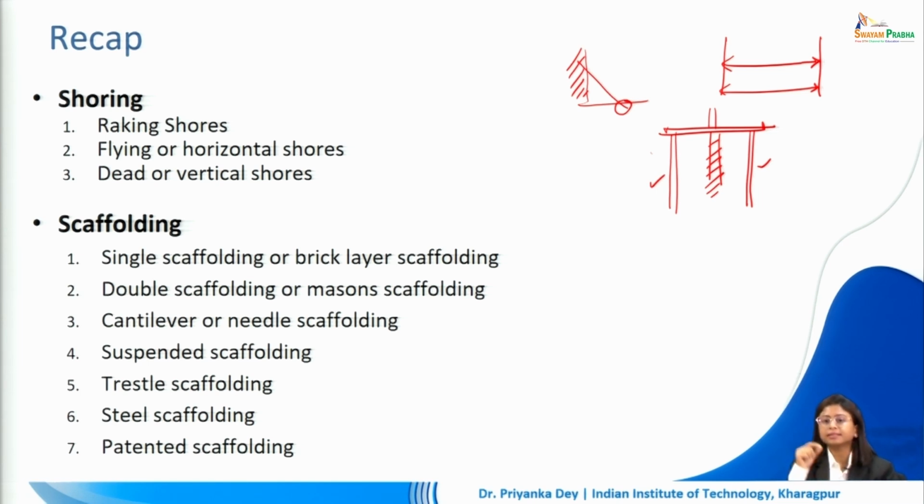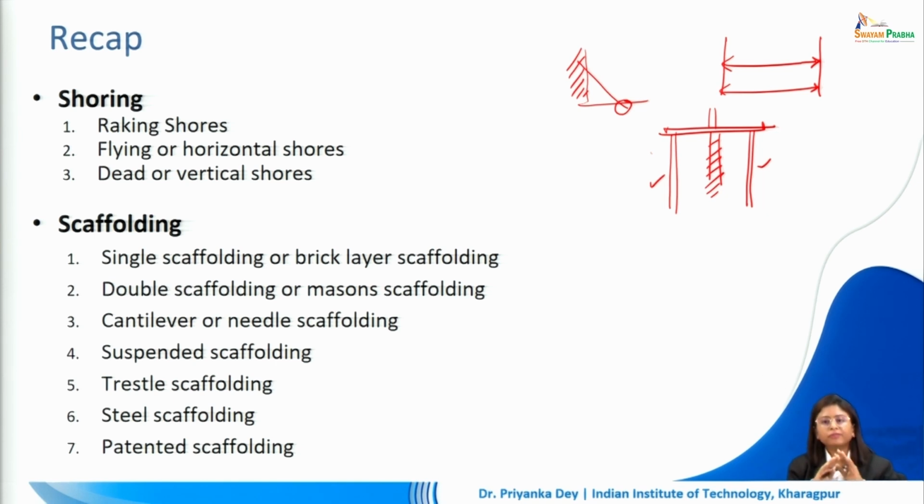Suspended scaffoldings are suspended from the roof with the help of pulleys and other members which help us alter the height of the suspended scaffolding platform depending upon which level we have to work on. The next type was trestle scaffolding. This is a working platform which is resting on tripods or on wheels, and the position can be changed throughout the room as and when we are doing the construction work, generally used inside for internal works.